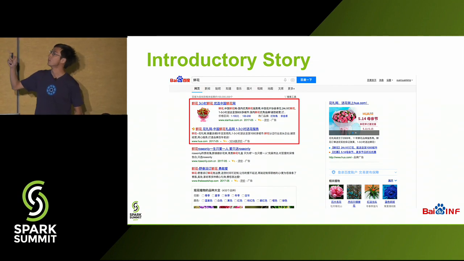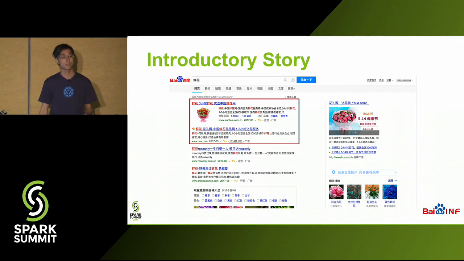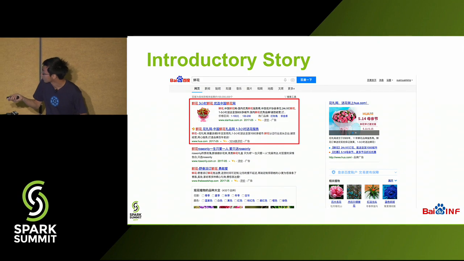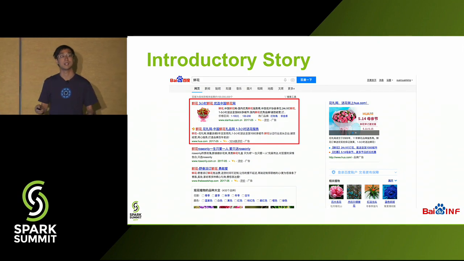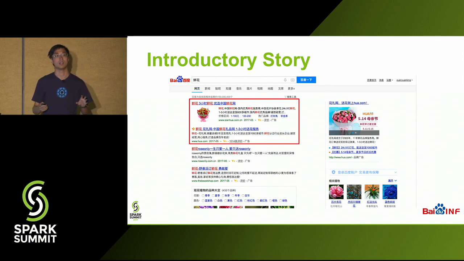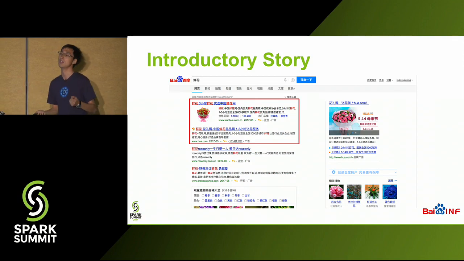I will type flower into our Baidu search box and click a button, and it will return some natural results and some advertised links. If I want to buy some flowers, I will click one of the links, and the system will, in the background, generate a charge action to the advertisers. This is the simplest advertisement system scenario.